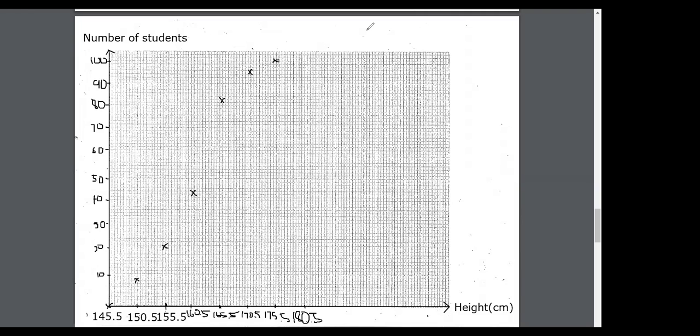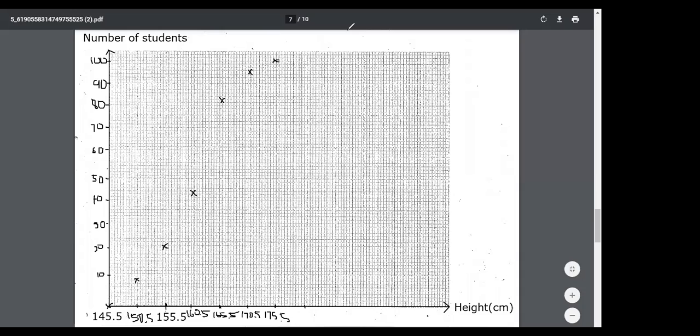You must draw a very smooth graph, or the teacher won't give you the mark. Just follow the points and draw smoothly. After you plot the points correctly, you get another mark already.